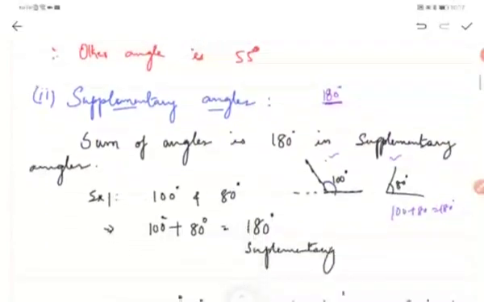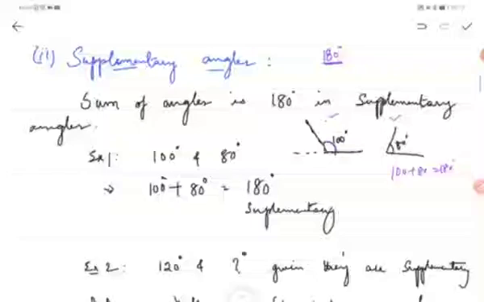Let's see two to three problems from your exercise. There's nothing difficult again. Complementary, the sum should give you 90 degrees. For supplementary, the sum of the angles should be 180 degrees.